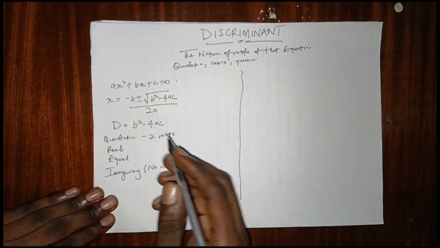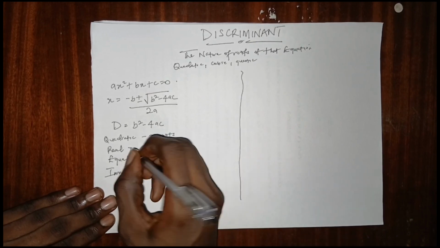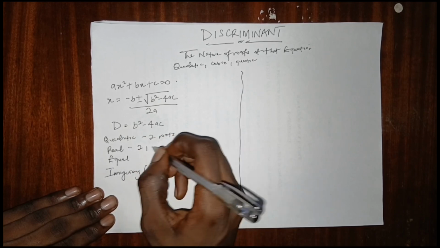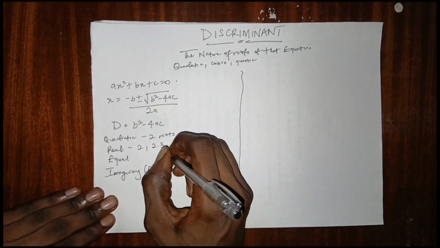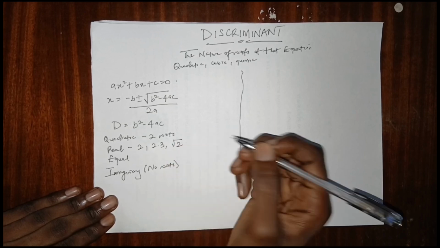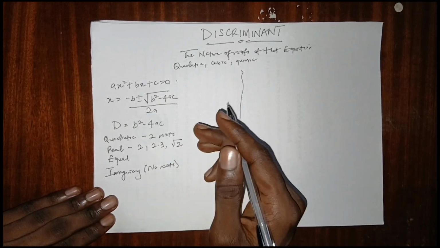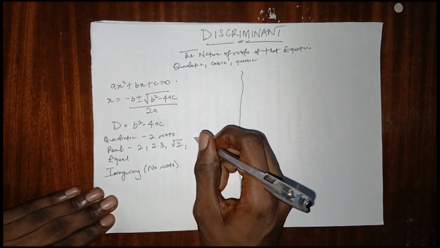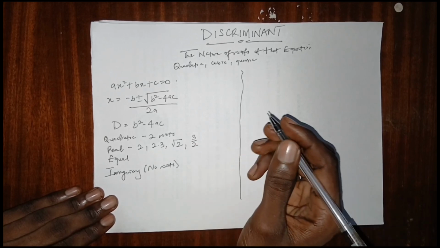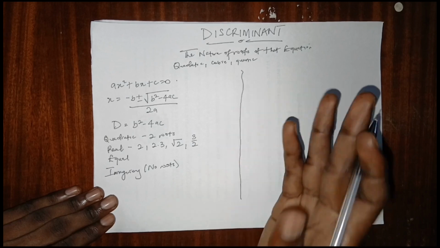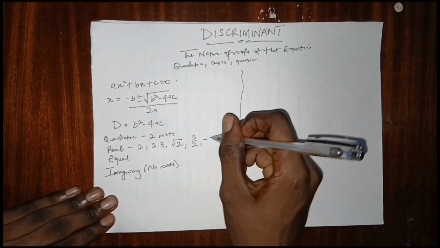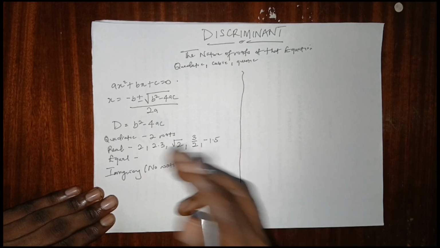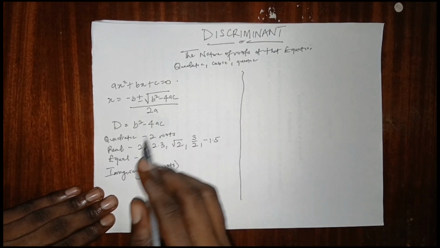Real is anything, as long as the answer is a number: it can be 2, a decimal like 2.3, a root 2, a fraction, or negative. Real numbers are vast.